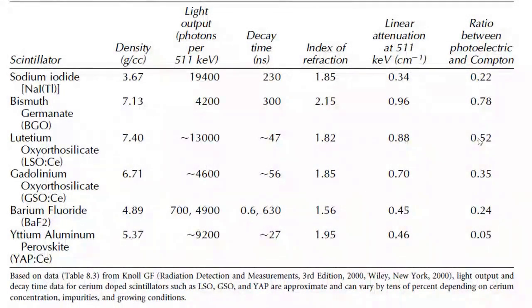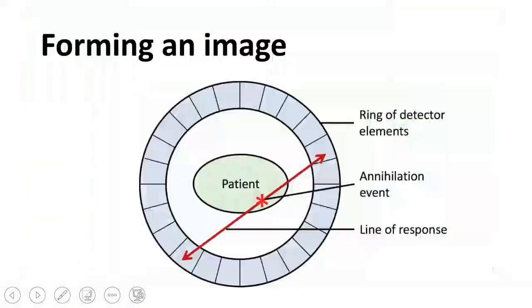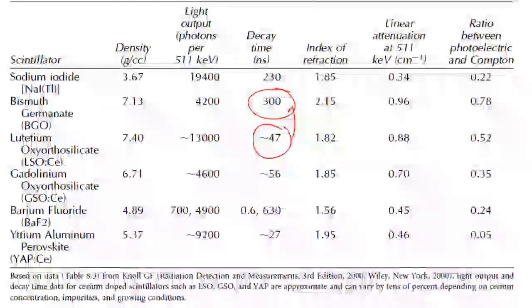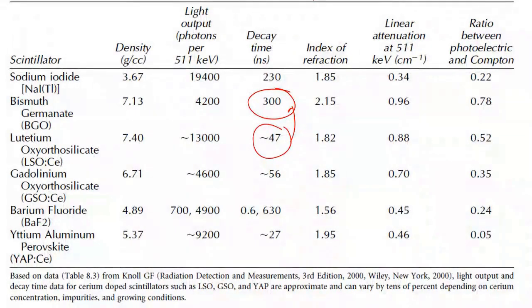For me, when you ask me about the most important things, light output is very important, and decay time is also very important. What about the decay time? Do you see the difference here? A 47.3% decay time can significantly affect your resolution. That's why you find that the resolution in LSO or lutetium oxyorthosilicate is higher than the resolution in bismuth germanate, while bismuth germanate has better sensitivity, even though the light output is 4,200.